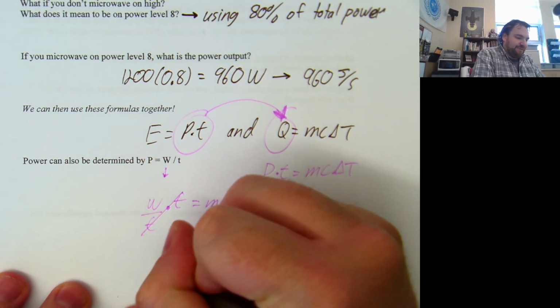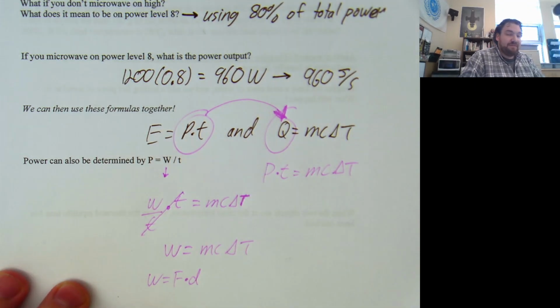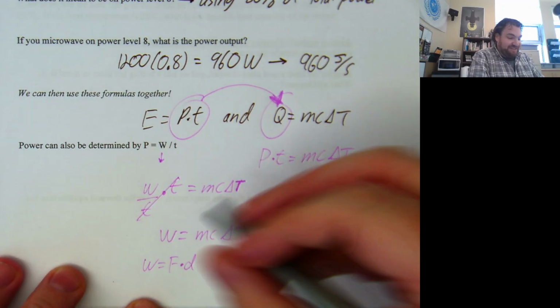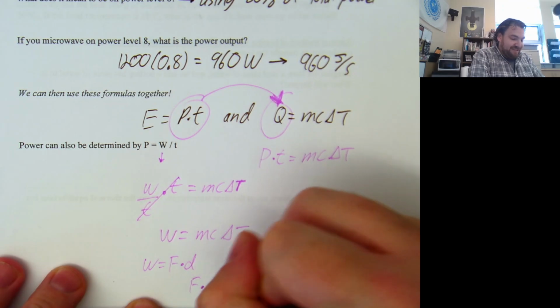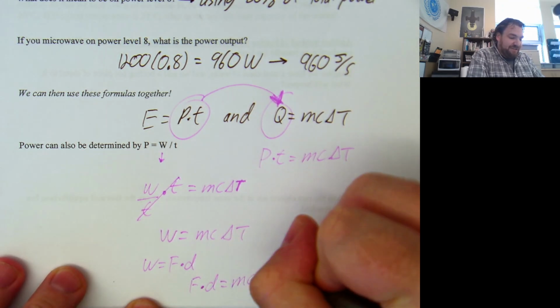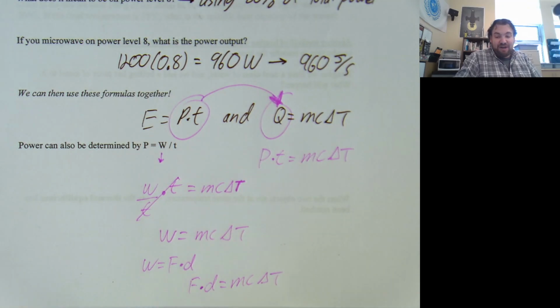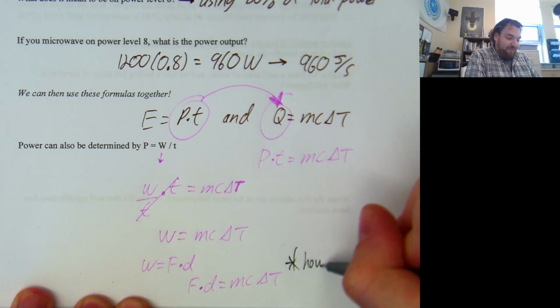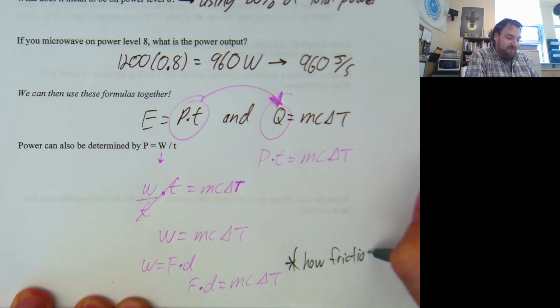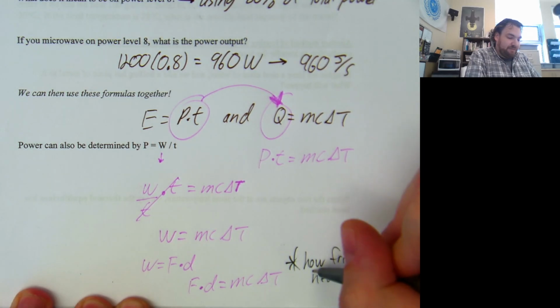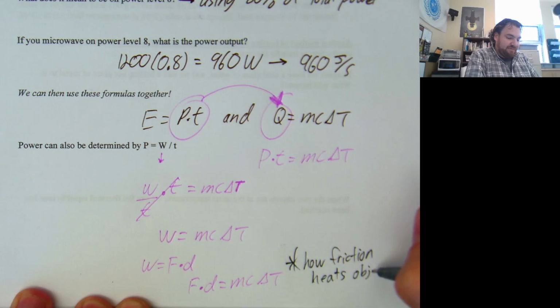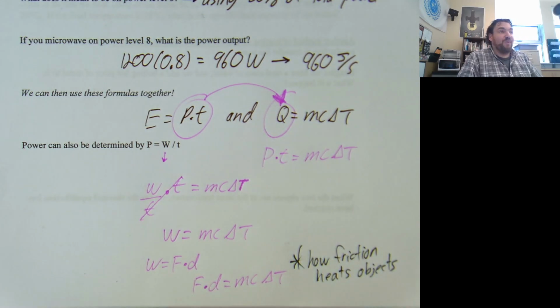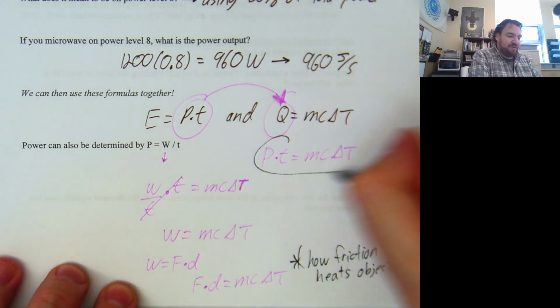Because if work is equal to a force times a distance, we can say that a force times a distance is going to equal mc delta T. And we can start talking about how friction heats objects. We're not going to, but we could, and that would be interesting. This guy here is the one that we're going to use most today.